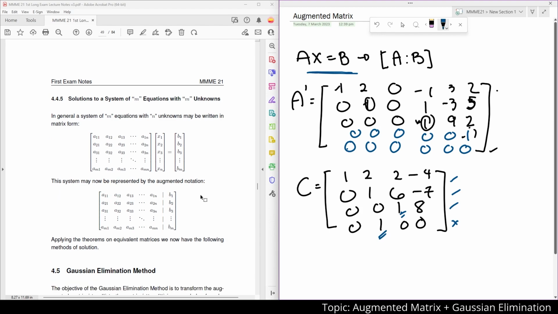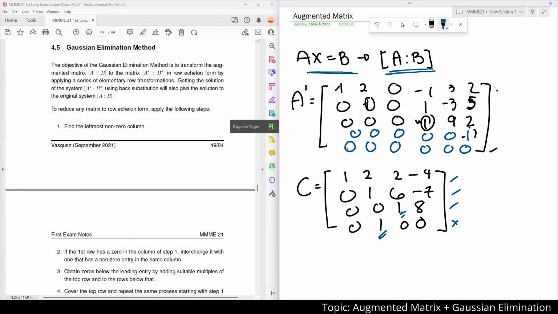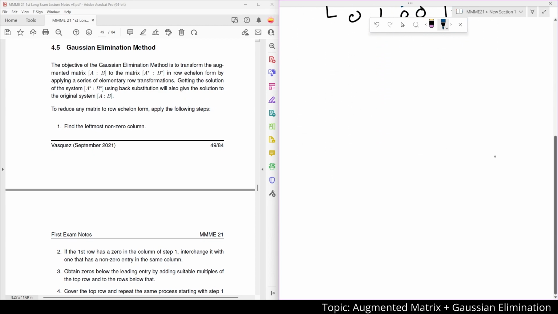Pwede rin natin siyang i-represent in the augmented notation AB. Okay? And for our first method of solution, we can do ang tinatawag natin na Gaussian elimination.